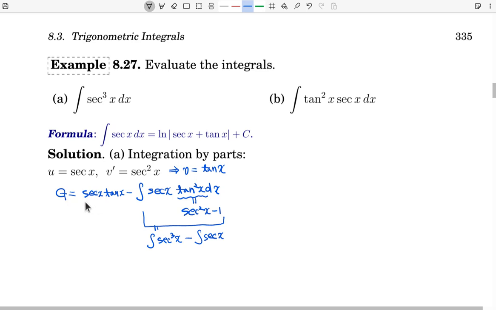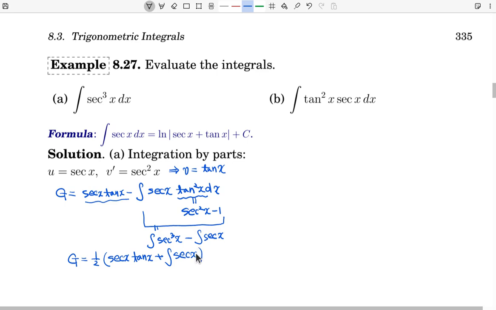That is the same as this term, minus, with the negation, plus the integral of sec x. So the integral must be half of sec x tangent x plus the integral of sec x, right?